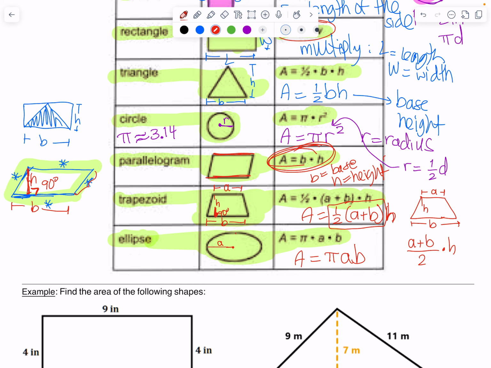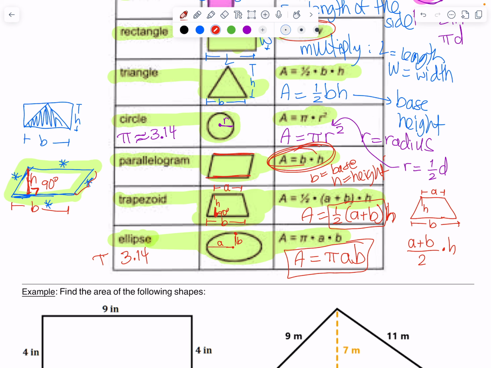But from the middle to the top, it's a different number, something smaller in this case. Maybe in other ellipses or ovals, it would be different. So it's just the two radii, kind of. We don't call them radii, since an ellipse has two different measurements. But it's just multiply the two, multiply that by pi, bada bing, bada boom, 3.14.